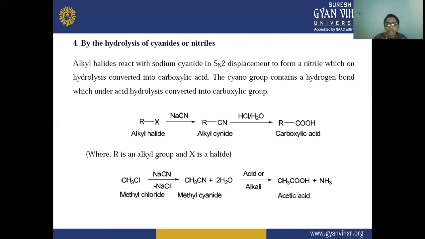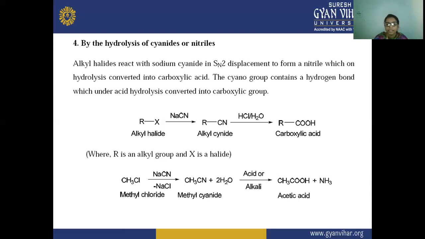So this alkyl halide is reacting with sodium cyanide in SN2 displacement. The SN2 reaction is forming, and there is a formation of this nitrile, which on hydrolysis is converted into this carboxylic acid. So here you can see this is your alkyl halide.